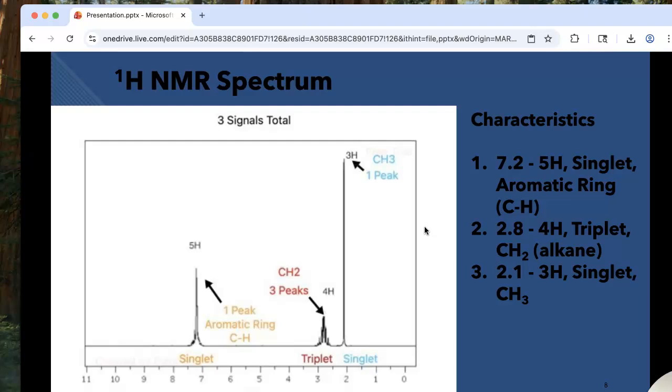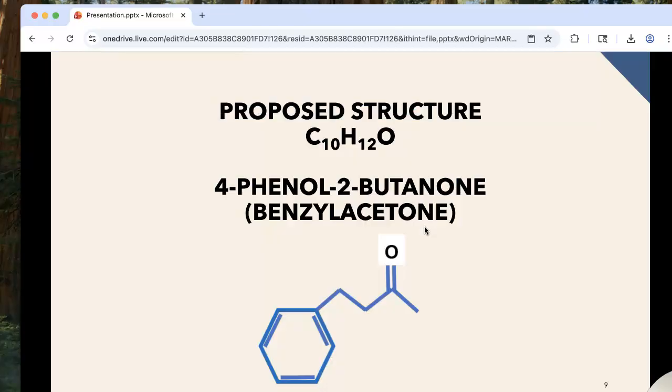And then here's our 3 peaks for hydrogen. So here's the CH3 group that showed up as a singlet with no neighboring hydrogens. Here are the 2 CH2 groups. So each has 2 neighboring hydrogens, since this carbon is completely bonded to other carbons.